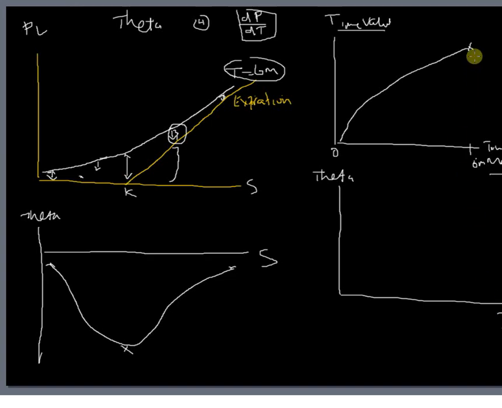So we can see that the theta graph will look something like that. I'm taking the gradient of this graph. Normally people will represent theta in a negative manner. So if you want to draw it in a negative form, it will look something like that. It's the same thing.